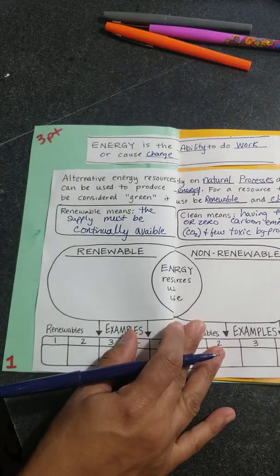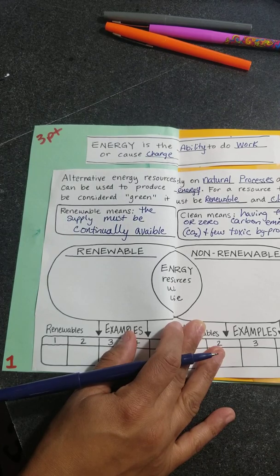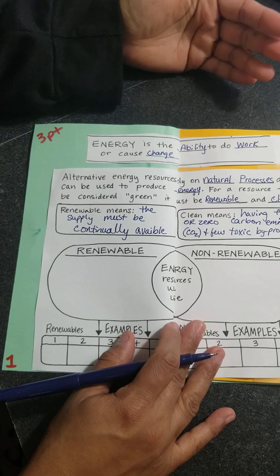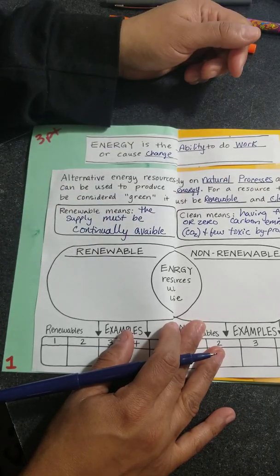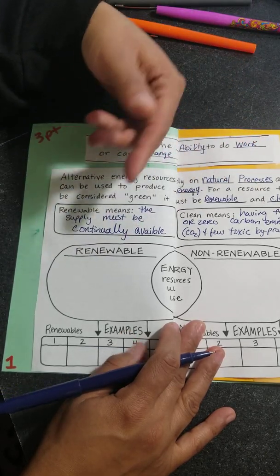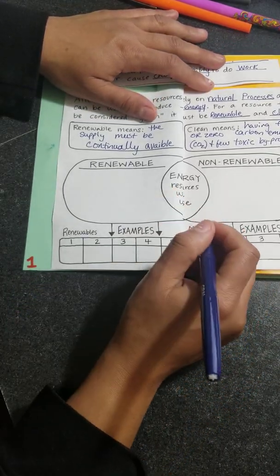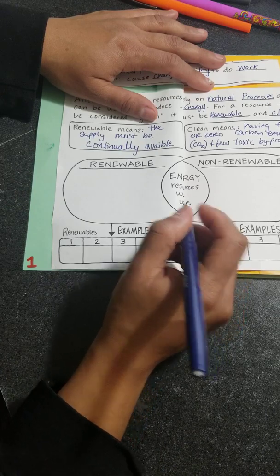Okay, let's keep going. Renewable versus non-renewable. All types of energies are either going to be renewable or non-renewable energy. And let's talk about the examples. Renewable energy, also called alternative.